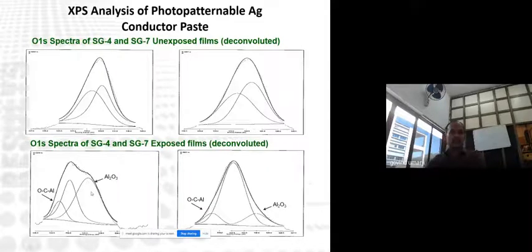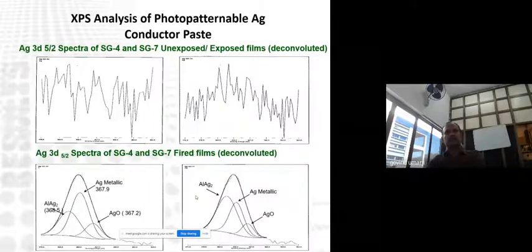So in this case, when we fired it, we got a lot of voids also. The XPS scan also shows the peak from the alumina substrate, where in these SG4 and SG7 samples we got a classic binding of O-Al as well as Al2O3.